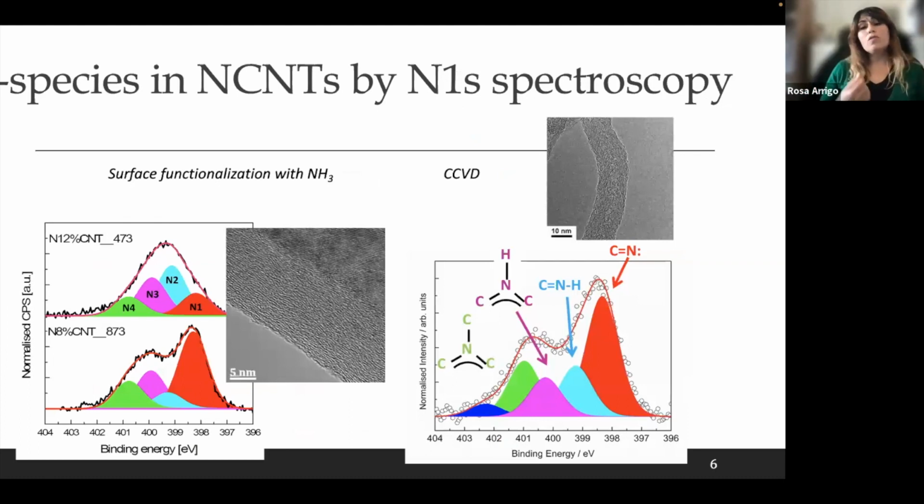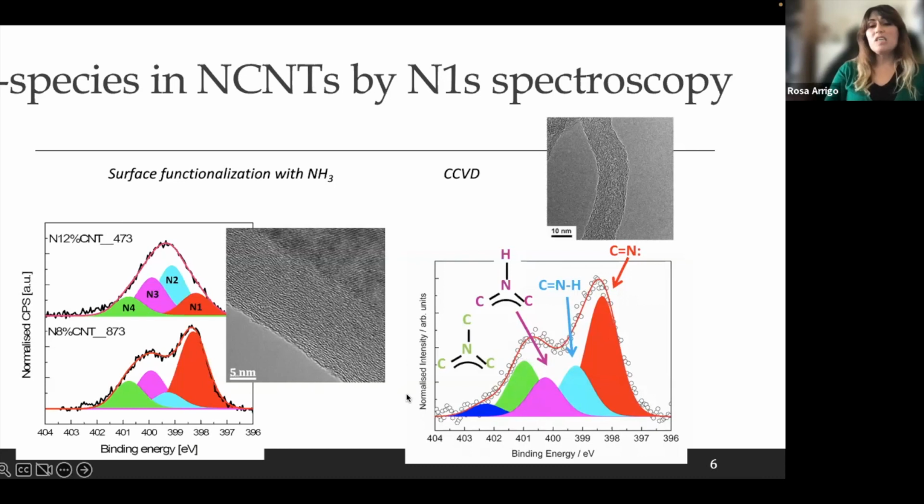Now, of course, intuitively, we are thinking of the nitrogen speciation, and so we are looking at it by means of XPS. XPS is a quite routine technique applied to understand the different nitrogen species on carbon. You can see we have pyridinic nitrogen, amide nitrogen, pyrrolic, quaternary nitrogen.